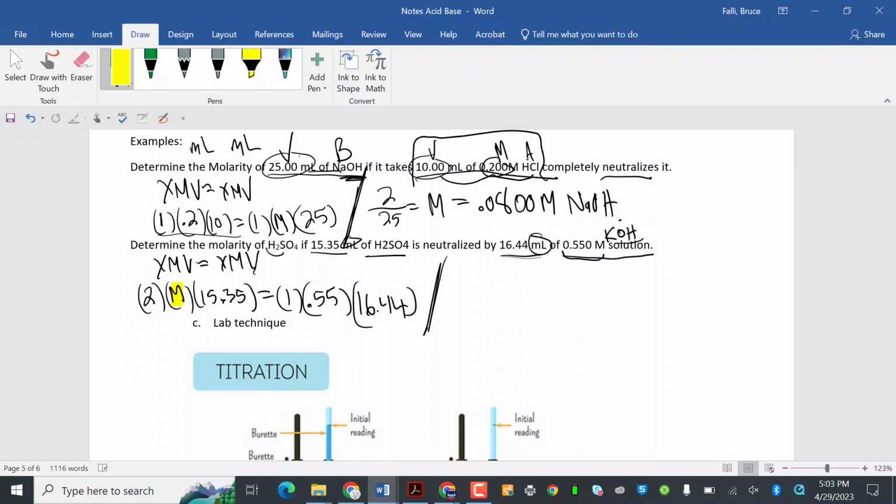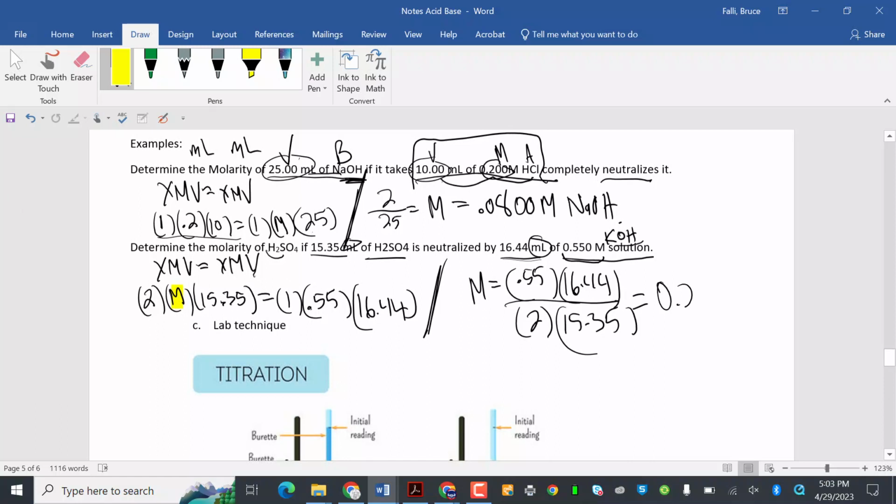So then I'm going to solve for it. Molarity is going to be 0.55 times 16.44 divided by 2 divided by 15.35, and I'm going to throw 3 sig figs up there when I get it. 0.55 times 16.44 divided by 2 divided by 15.35, and I get 0.295 molar.